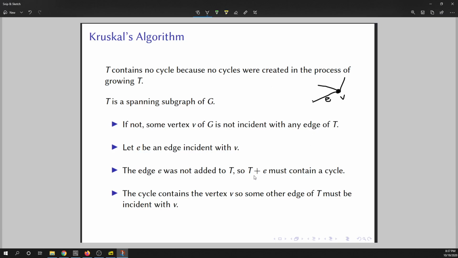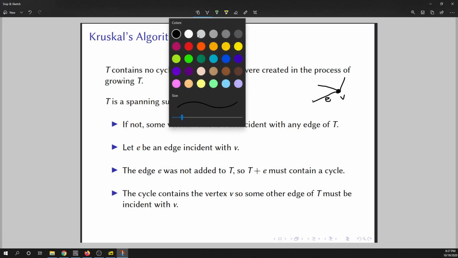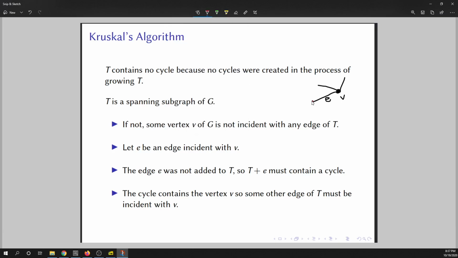And so what that means is the only reason why we don't pick an edge is because it introduces a cycle when we add it in there. So what that means is if we take the graph that we get from this process and we add the edge E to it, it contains a cycle. So when I add E in there, all of a sudden T, which is the red graph that we had in the picture, now contains a cycle like this.